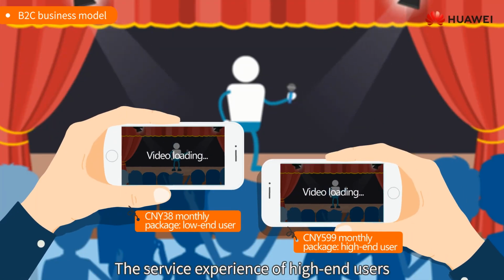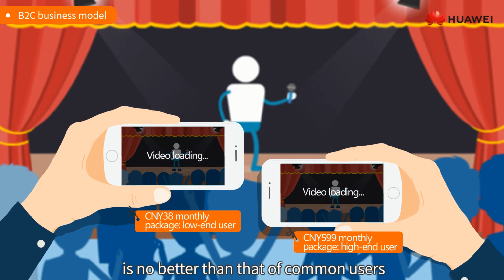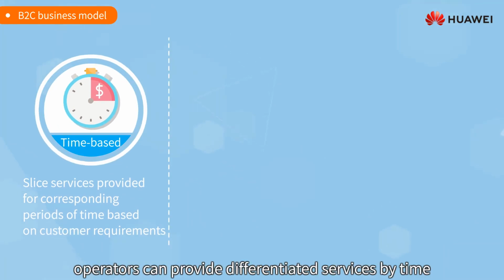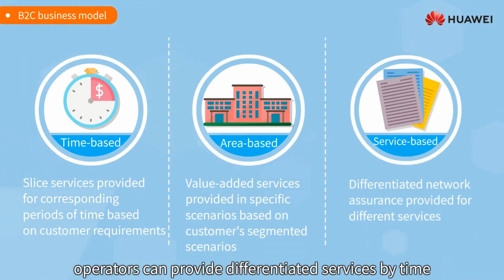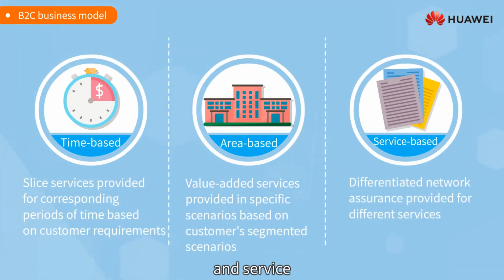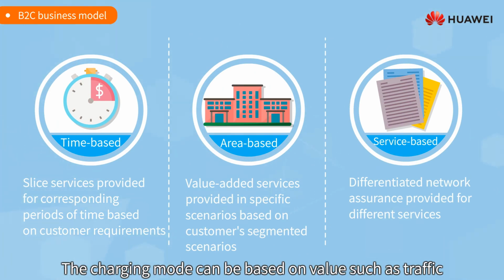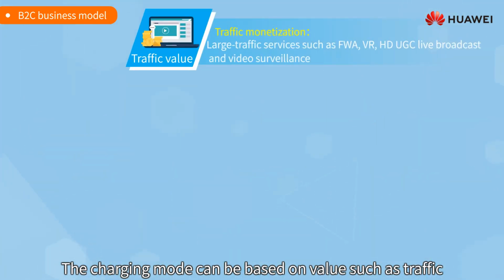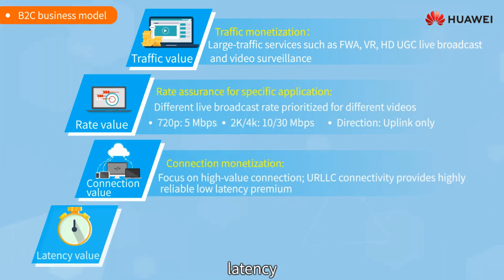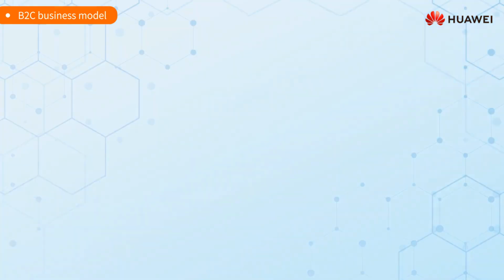The service experience of high-end users is no better than that of common users. In the 5G era, however, operators can provide differentiated services by time, area, and service. The charging mode can be based on value such as traffic, rate, connection, latency, and slice.